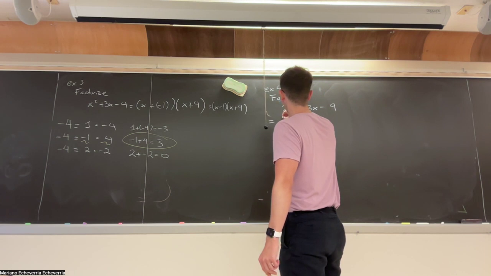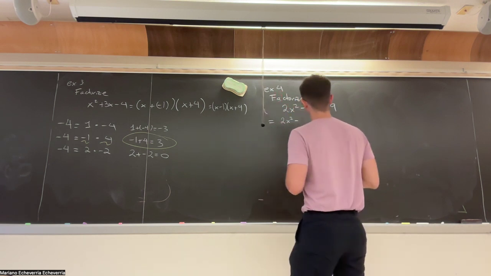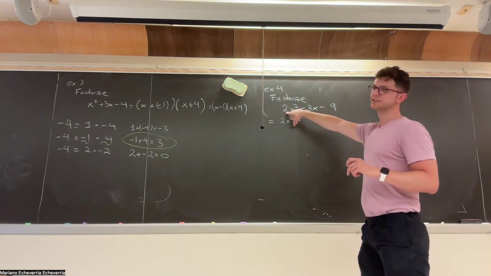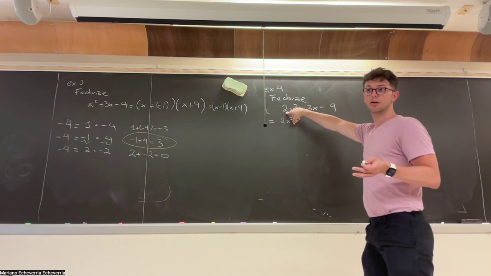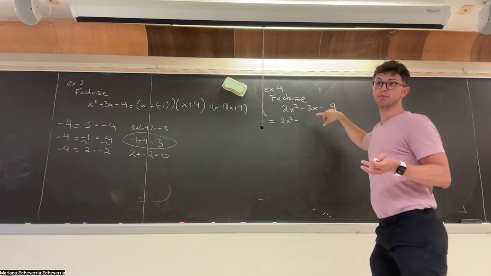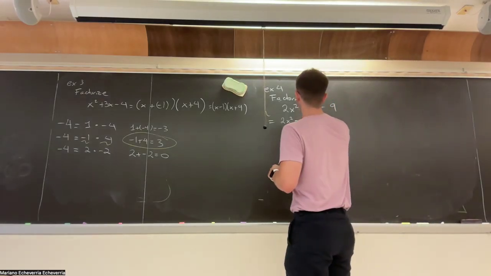So I want to factor out these two. That's my goal. The problem is these factors don't have a two anywhere, so you can always put it in by force by multiplying and dividing by two.